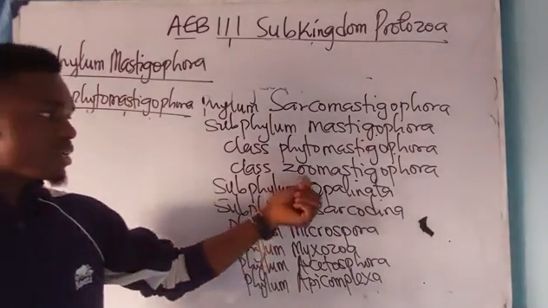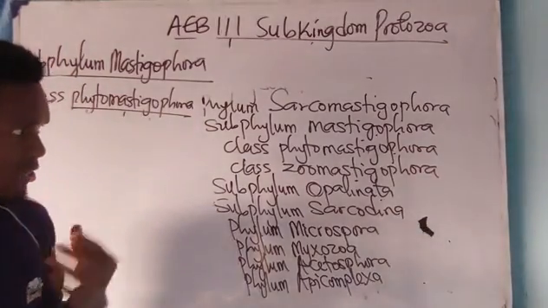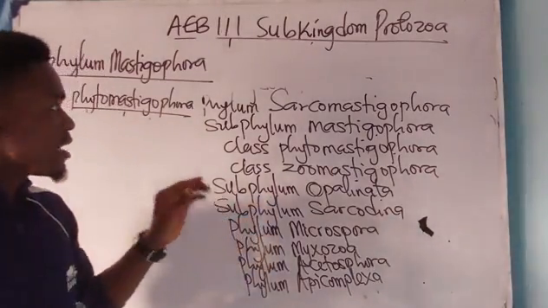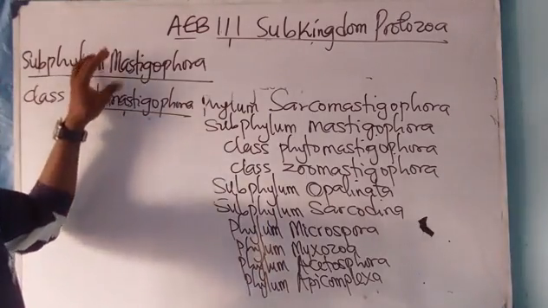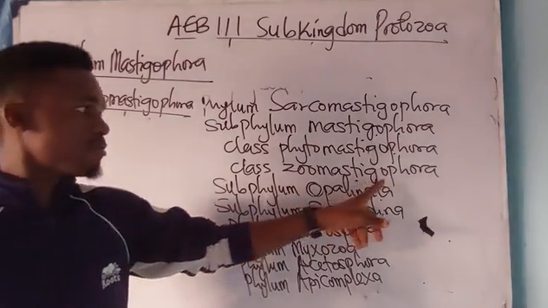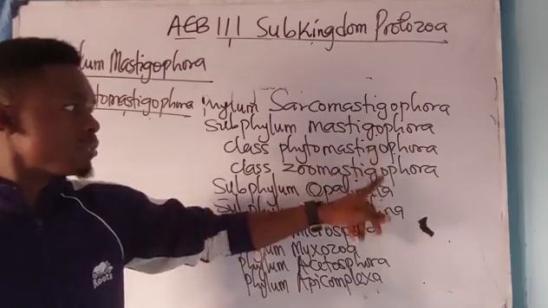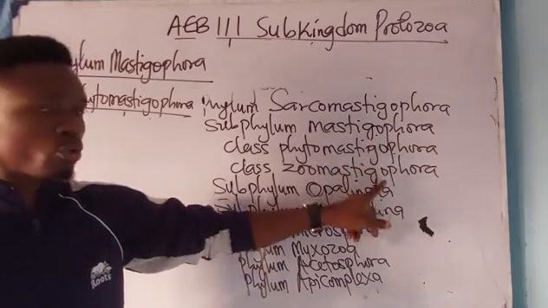Therefore they are heterotrophic, because they cannot produce their own food. The similarity they have with the Phytomastigophorans is that they possess flagella for locomotion. That is what they have in common.